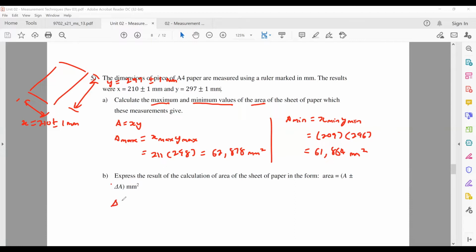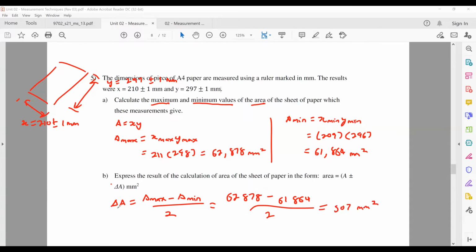Your uncertainty of A can be your A max minus A min divided by 2, which is basically 62,878 minus 61,864 divided by 2. You're going to get 507 millimeters squared.